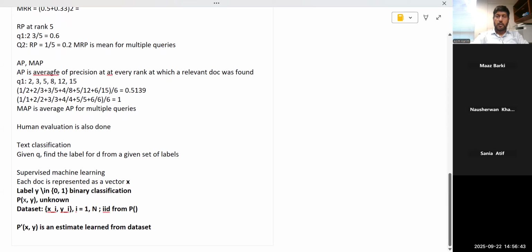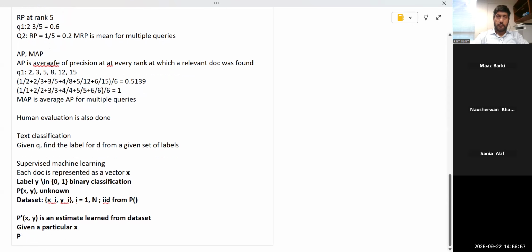Once you have this, then you can make a classification. You can apply probability rules, and given an x, you can find a y. For example, given a particular x, you will have both probabilities, the probability of y equal to 0 given x and of y equal to 1 given x. So what will be the best class label for x?